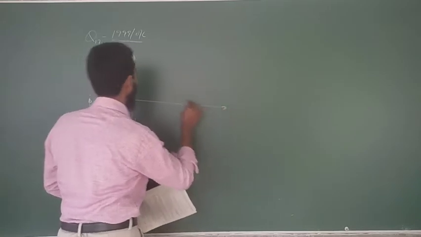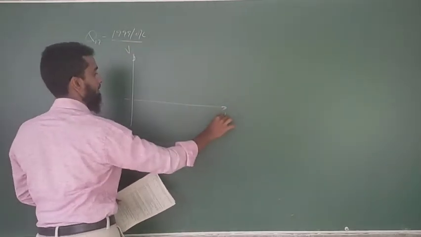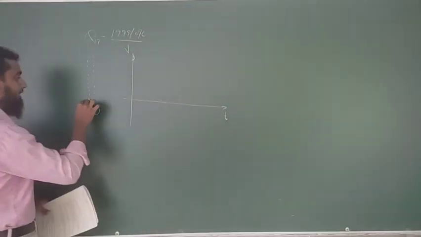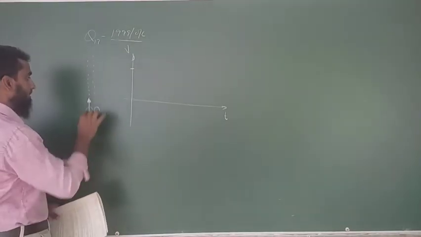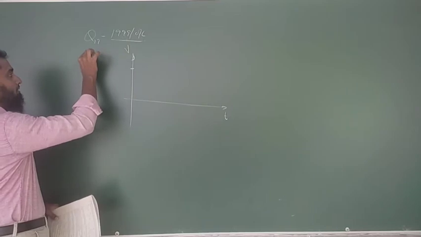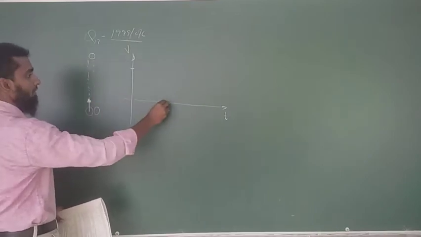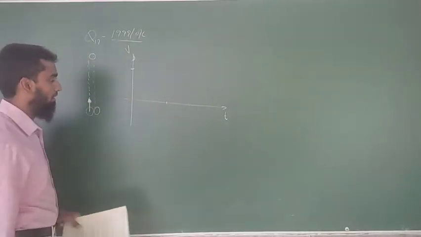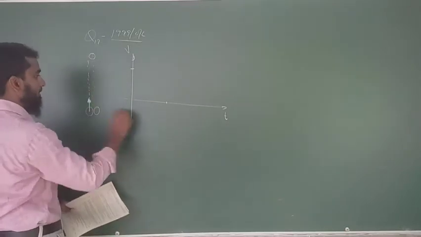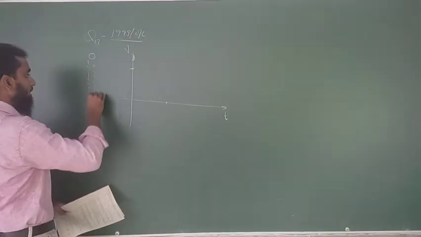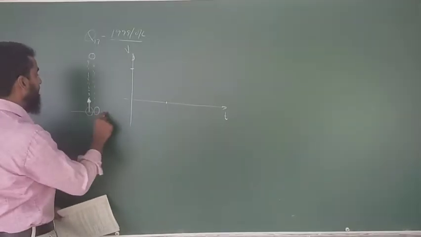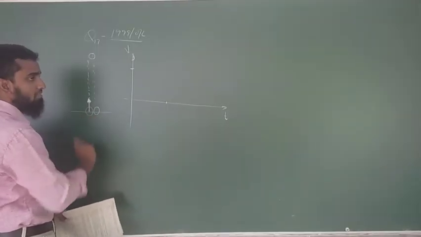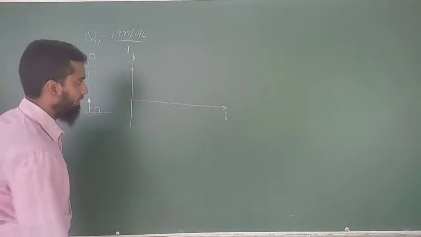Initially it has a velocity, so you have to start with a velocity. Once it reaches the maximum height, the velocity becomes zero. Then the velocity increases in the opposite direction. Finally you have to consider that the displacement is zero.